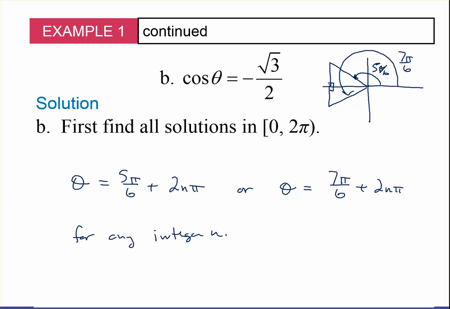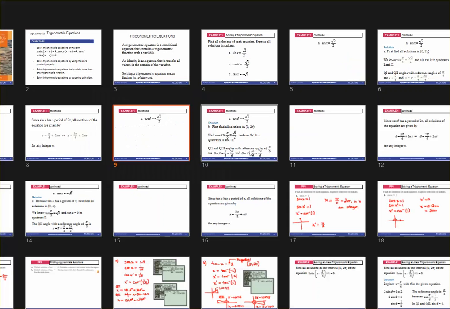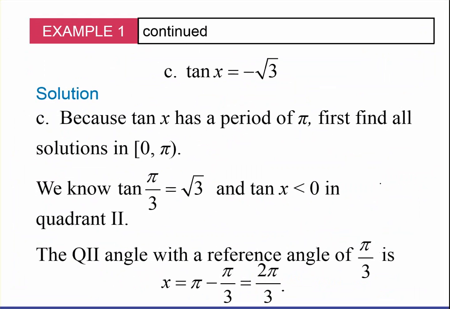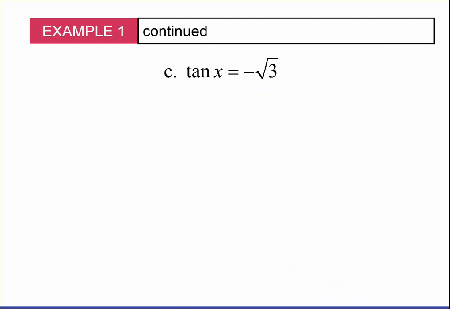Okay, the only difference with tangent is that tangent does not have a revolution of 2 pi, it only has a revolution of pi. So let's see, tangent of x is equal to negative root 3.